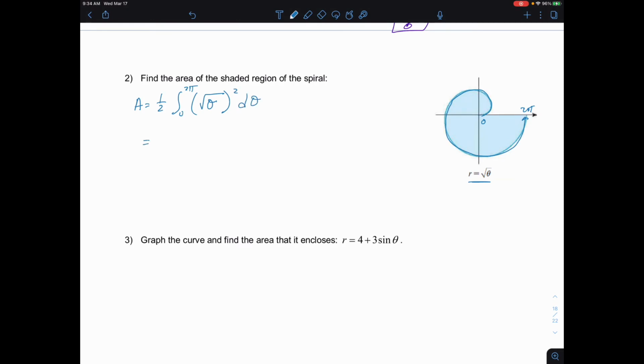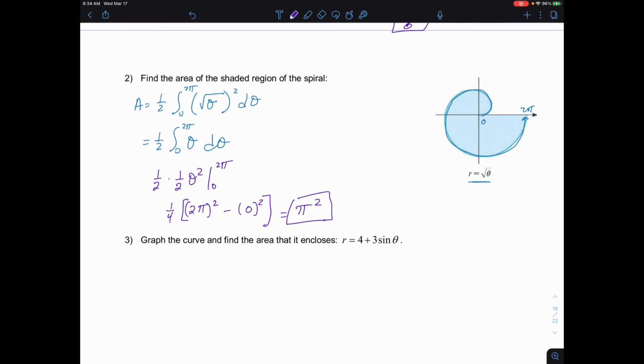So this one becomes fairly simple here. I end up with 1/2 the integral from 0 to 2 pi of theta d theta. Now I can integrate that, and that's going to give me 1/2 times 1/2 theta squared from 0 to 2 pi, or 1/4 times 2 pi squared minus 0 squared. So that should be pi squared. There's my area.